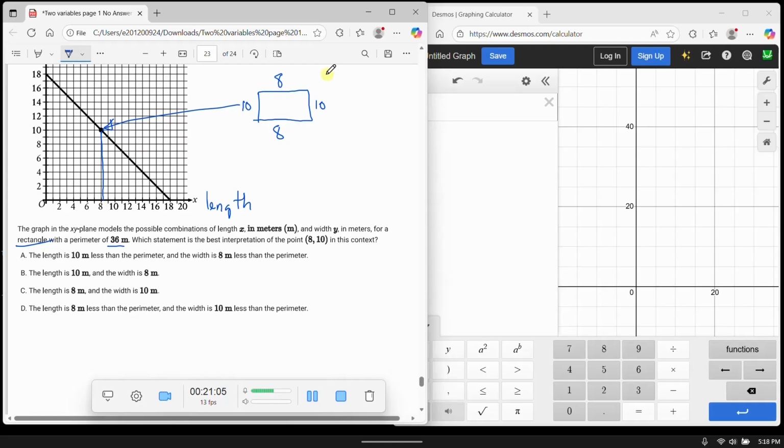Because when you add in all the sides, you would get 36. So the answer is C.